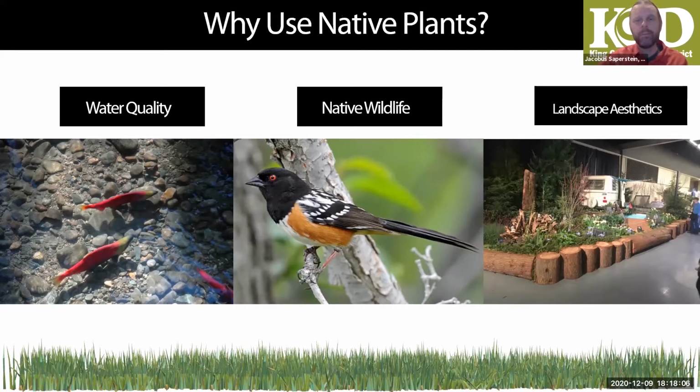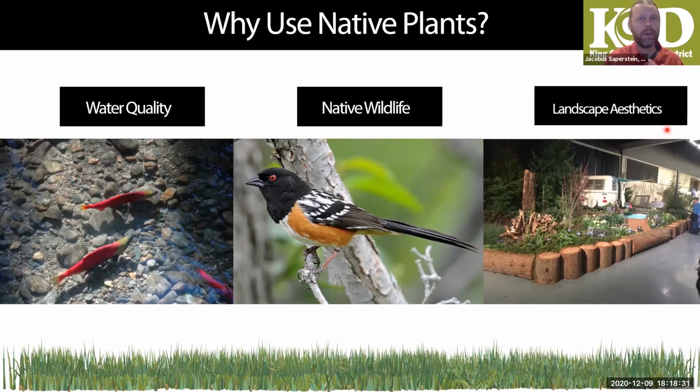But then also a lot of people get into it because they're just beautiful plants too. The last slide on the right is a little bit of a funny photo, but I like it in there. We're trying to highlight that you can make it look pretty even in a very small environment.